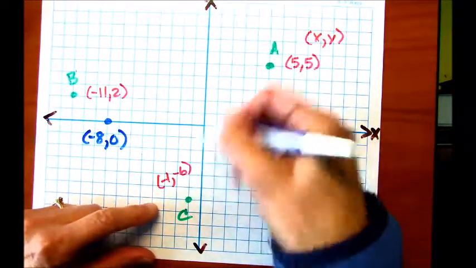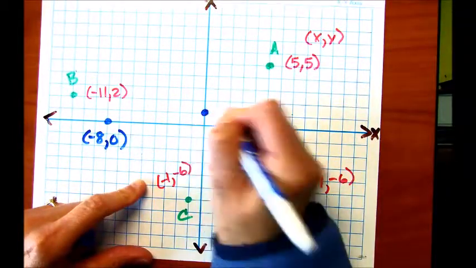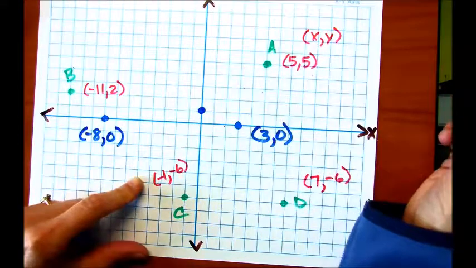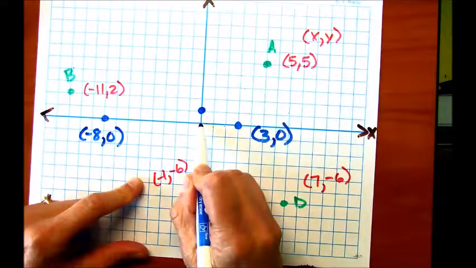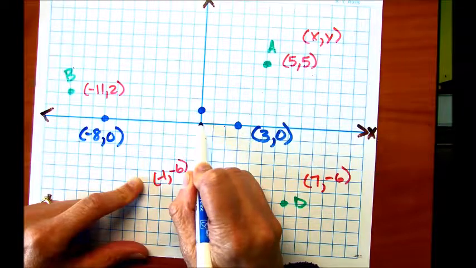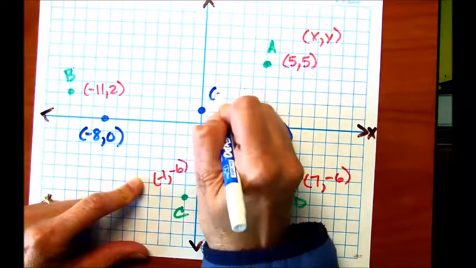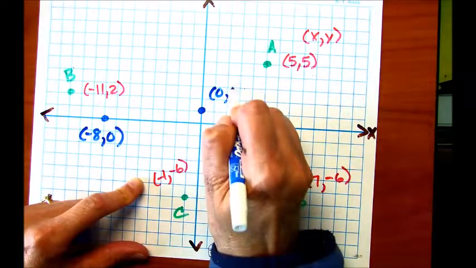We can do the same thing with the y-axis. We could plot points on the y-axis. Say I have a point there. The x value is going to be 0 because this is 0. This would be 1, this would be -1, but it's still in line with the 0. My y value is a +1.